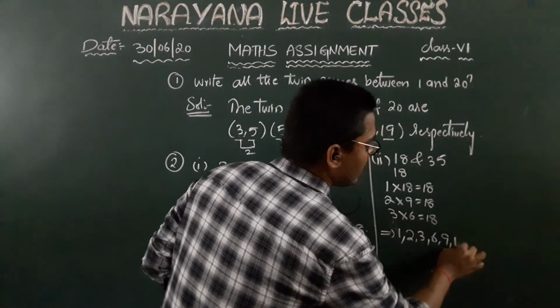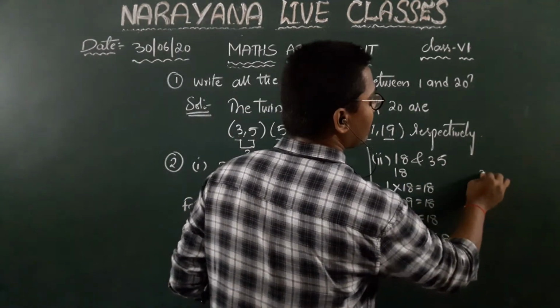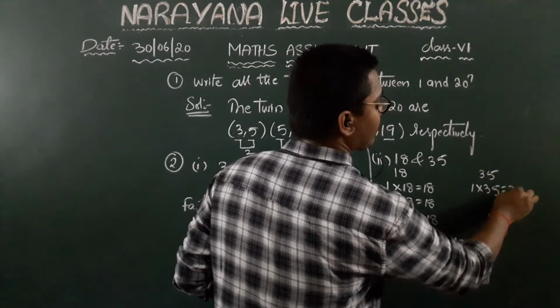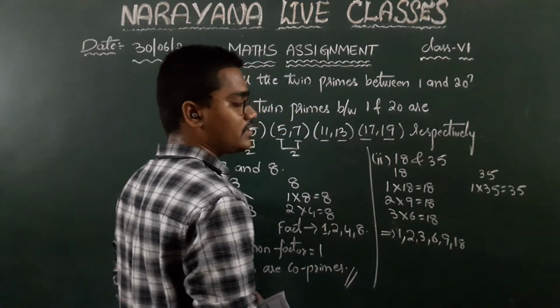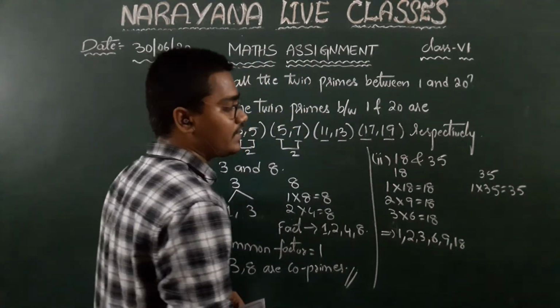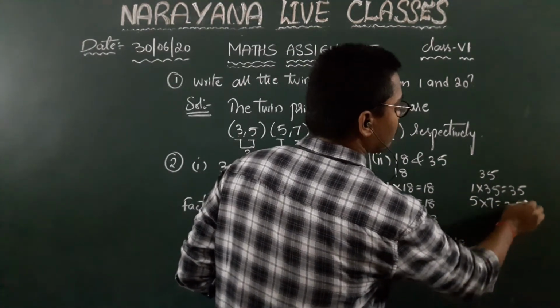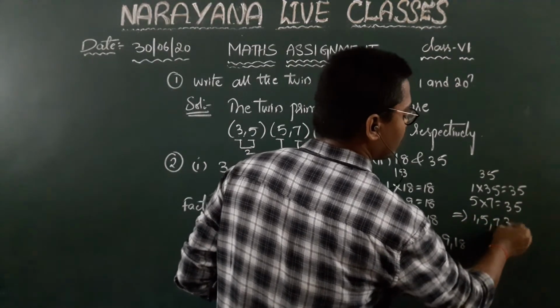Similarly, when you take 35 children, 1 35s are 35, in 2 table it is not a multiple, in 3 table not a multiple, 4 also not, in 5 table 5 7s are 35. So the factors of 35 are 1, 5, 7, 35.